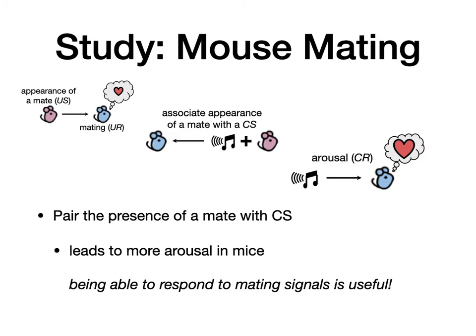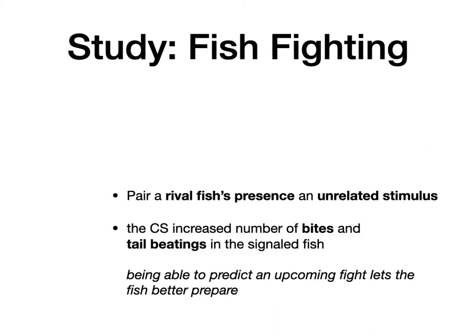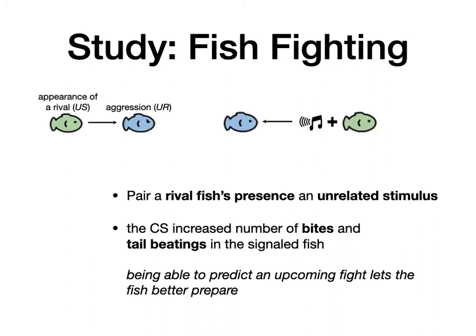If you know that, say, that pretty bird over there, its nest signals that it's here and ready, you can yourself get ready. Right? Similar, so we have mating in nature. We also have lots of fighting, territorial things. If you pair a rival fish's presence with an unrelated stimulus, the conditioned stimulus actually increases the number of bites and tail beatings in the signaled fish.